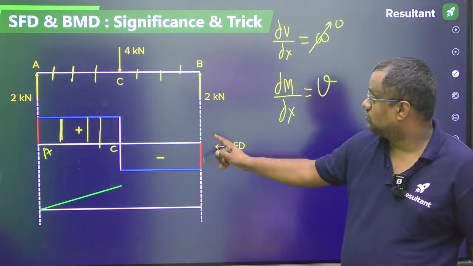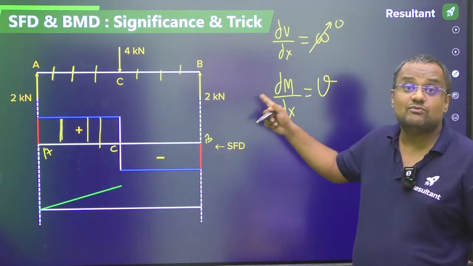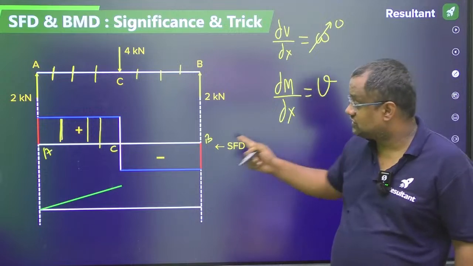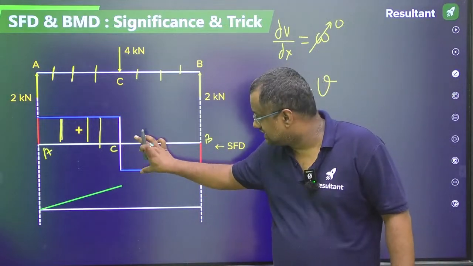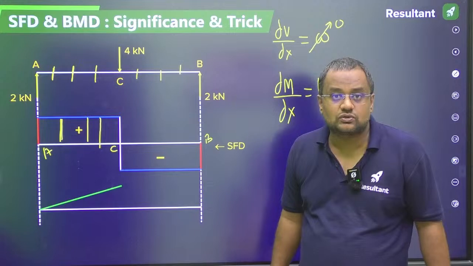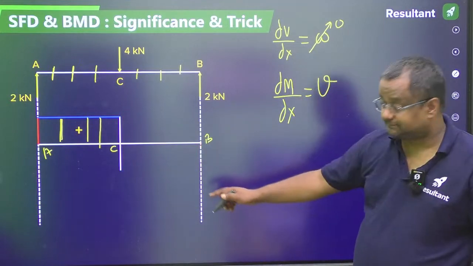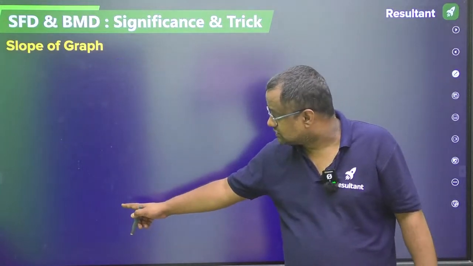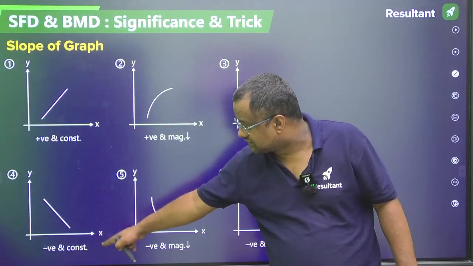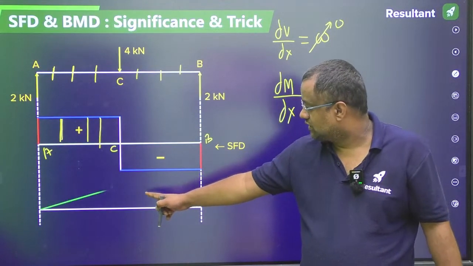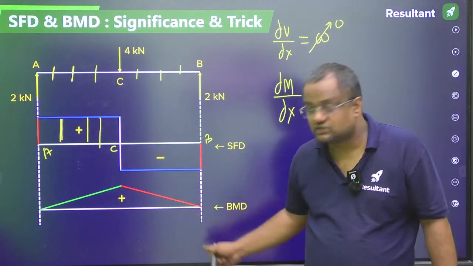Then C to B, bending moment slope is shear force, which is negative constant, -2. So bending moment slope is negative constant, graph number 4, like this. This is the BMD.